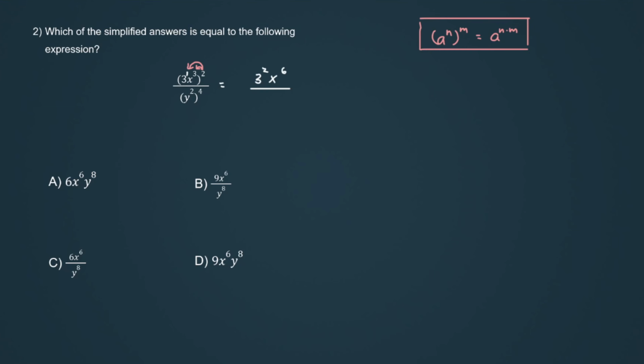So we can just say that is equal to y to the 8, okay? And 3 squared, that fits in your calculator, so you should be able to calculate that. You don't even have to use a calculator for this, actually. That's just 9 x to the 6 over y to the 8. And that's the answer for question 2. Okay? And that is over here, B.